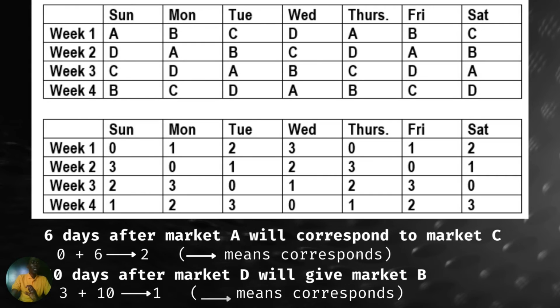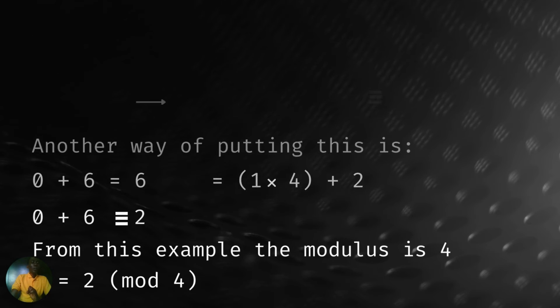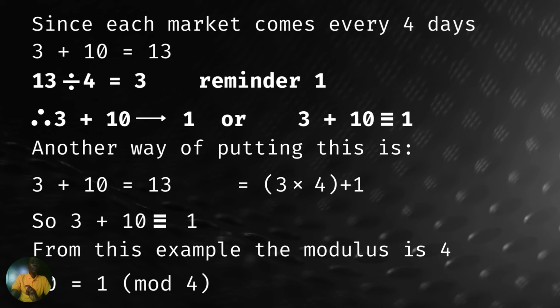Now we are going to consider the other scenario. Remember, we talked about the 10-day scenario. Considering the 10-day scenario with the market which comes every 4 days, 3 plus 10 will give us 13. So 13 divided by 4 will give us 3 remainder 1.